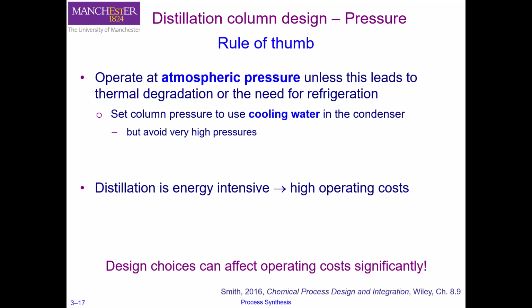For example, if we can use cooling water at atmospheric pressure, that's the best situation. But if we have to use refrigerated cooling at atmospheric pressure, then it is advised to increase the column pressure so that we can avoid using refrigerated cooling for the condenser.